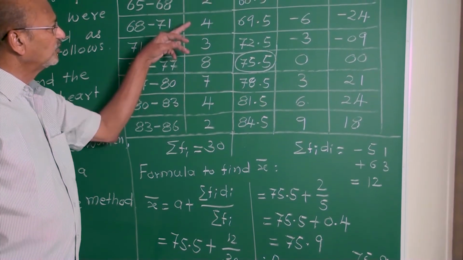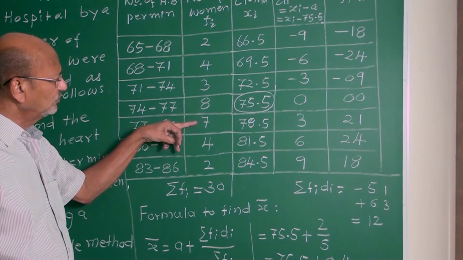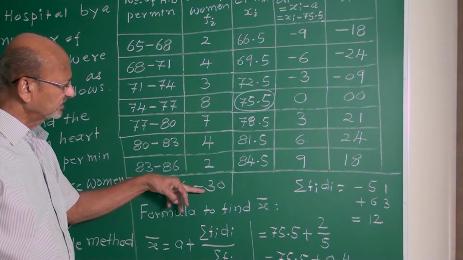Then the formula wants sigma Fi and sigma Fi Di. Sigma Fi is, add all these: 6, 9, 17, 24 plus 6 is 30.